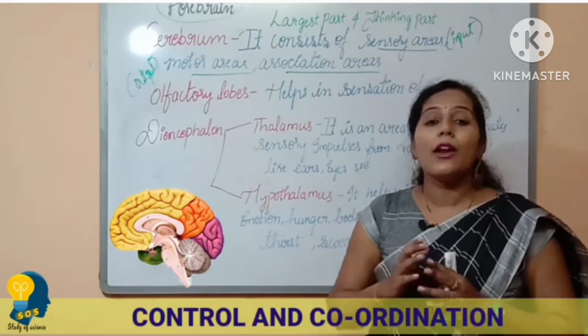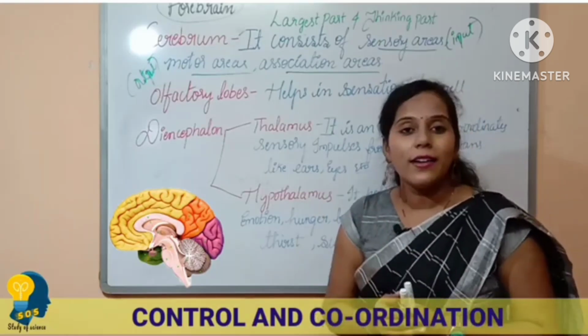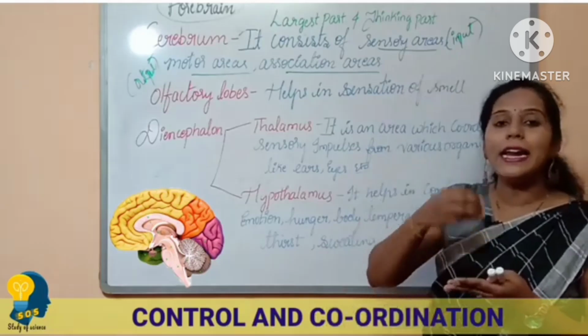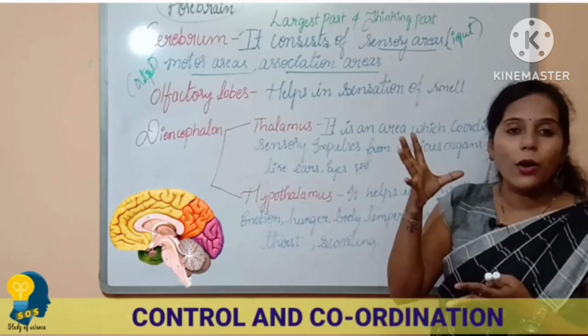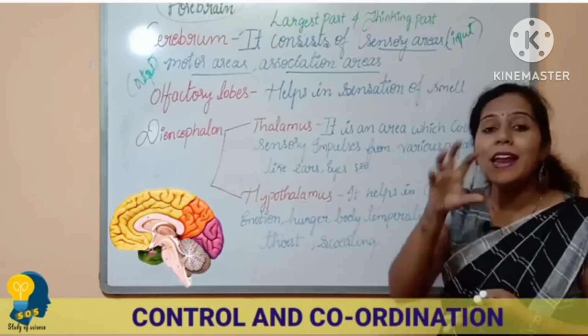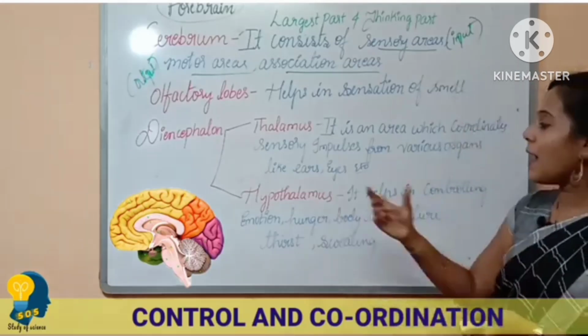What happens? We are not able to control these things. We cannot control thirst. We cannot control hunger. If we cannot control hunger, once we start eating we keep on eating, because there is no control. We don't know how much we are going to eat. That control happens with the help of the hypothalamus.